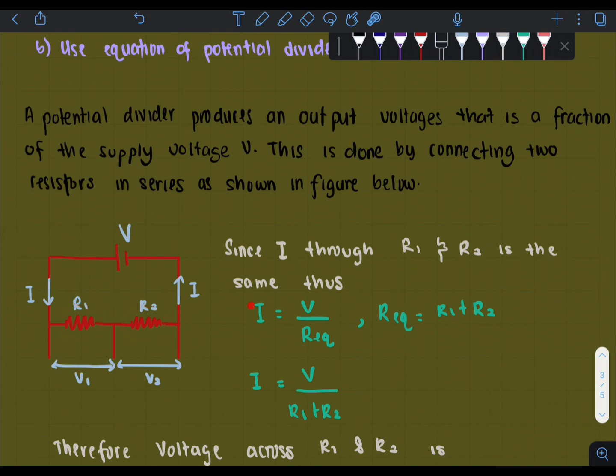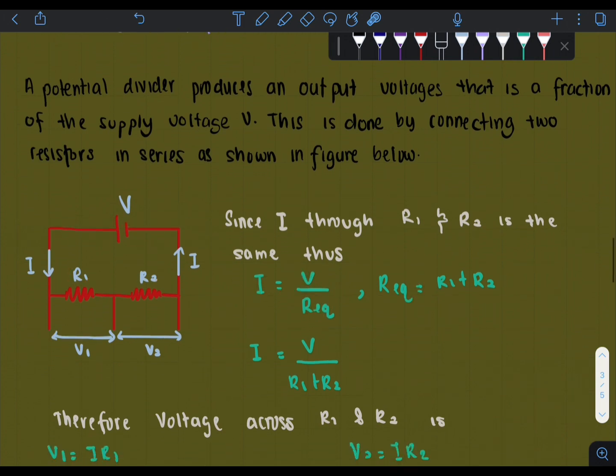According to Ohm's law, the current that flows in the circuit is equal to the total V divided by the R equivalent, where the resistors are connected in series. So we sum them to get the R equivalent. Okay, so we are now going to expand this to show that the R equivalent is the summation of resistor 1 and also resistor 2.